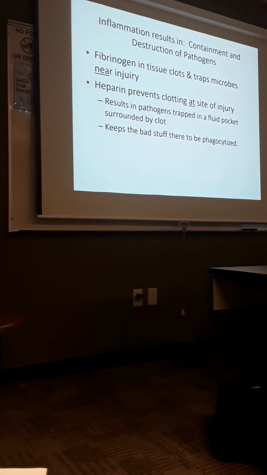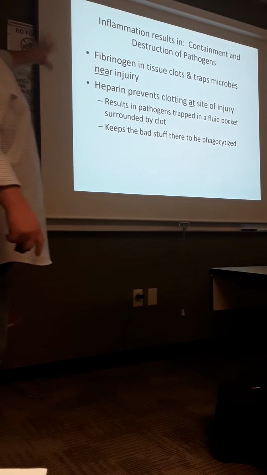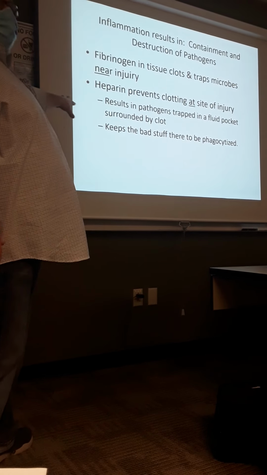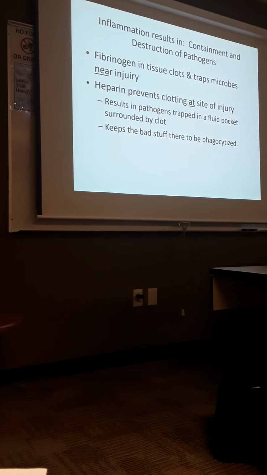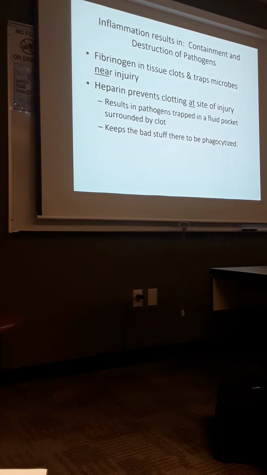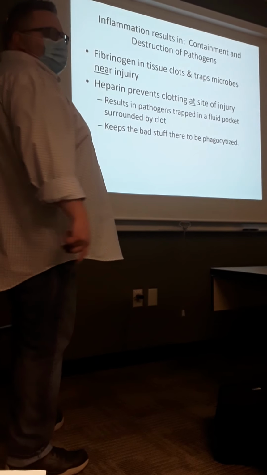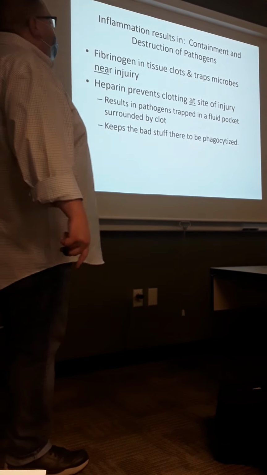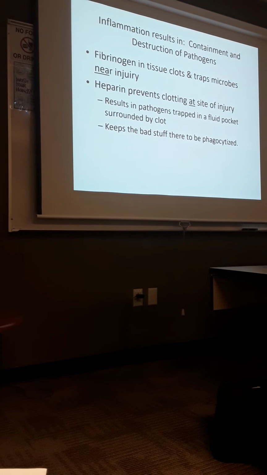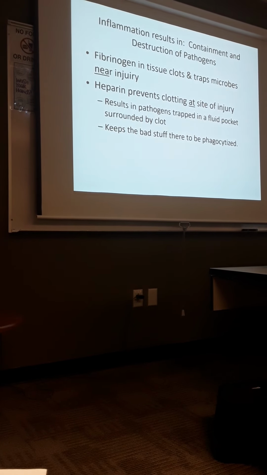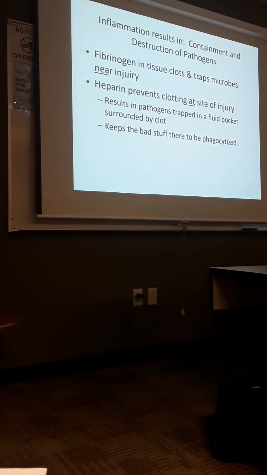You're trapping them in the basement, so you call the police. Same thing here. You're trapping the pathogens until the big boys, the immune system, can get there to kill them. Similar situation. Heparin prevents clotting at the site of injury. So this results in the pathogens being trapped in this fluid-filled pocket at the site of injury.